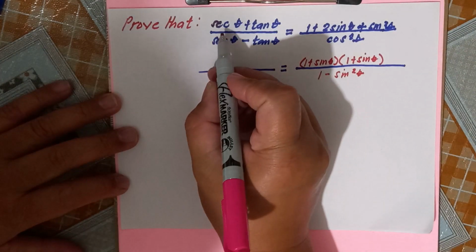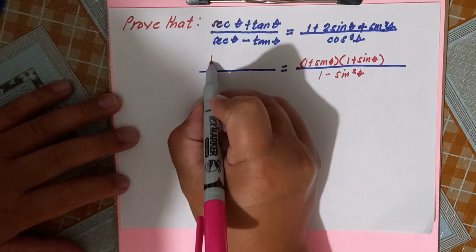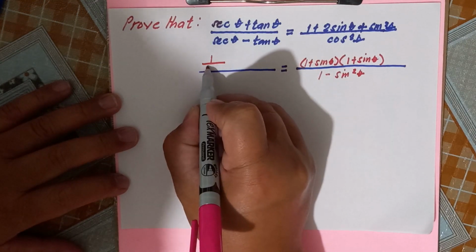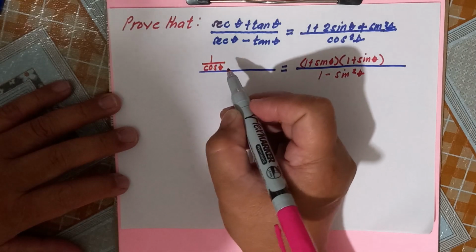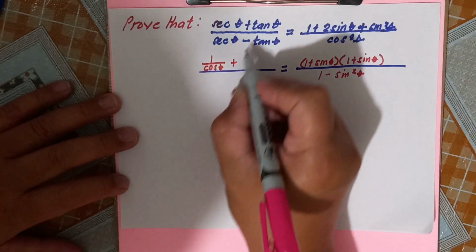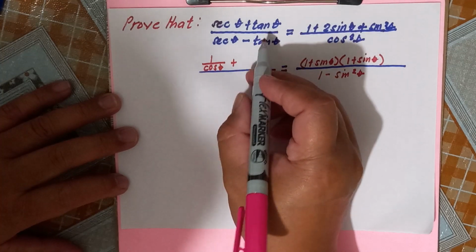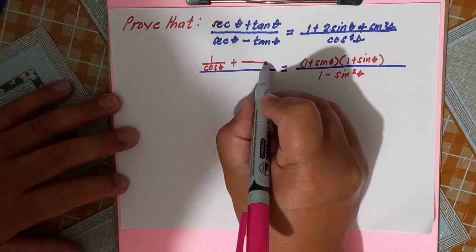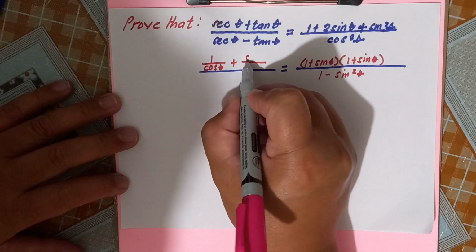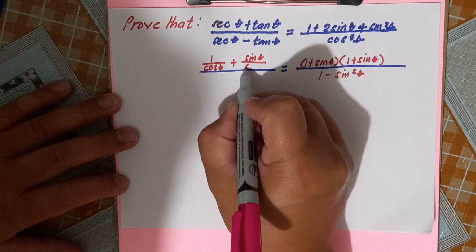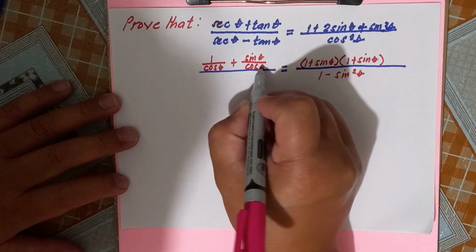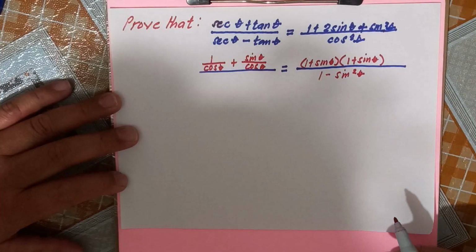Notice that secant theta is the same as 1 over cosine theta, plus tangent theta. Tangent theta is the same as what? Sine theta over cosine theta. So that is my numerator.